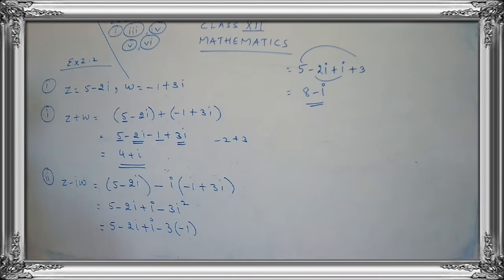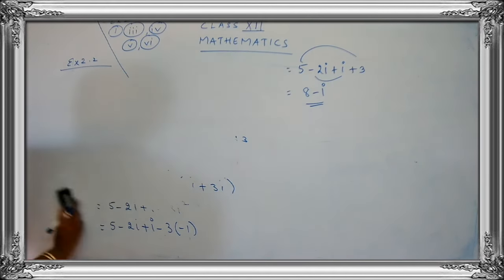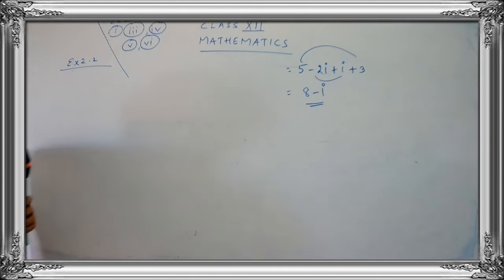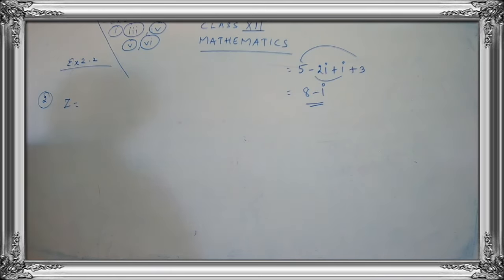So write down the question. First of all, write down question number 2. So z is a complex number given to you, 2 plus 3i.